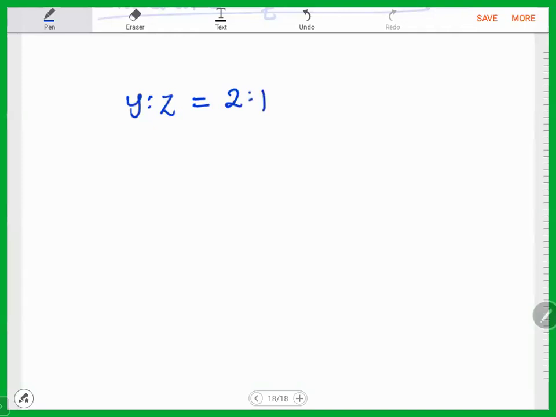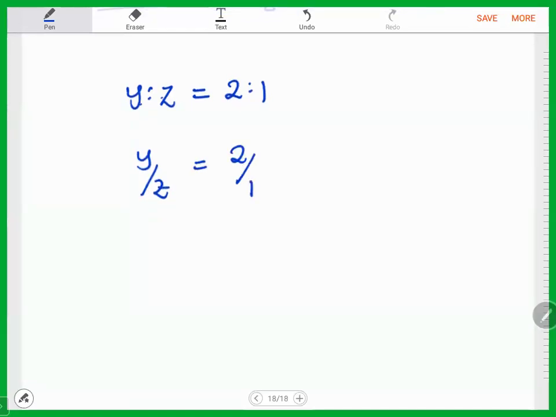When you have y to z, this is the same as y over z, which is equal to 2 over 1. Then we cross multiply to have 2z equal to y. That is an equation.